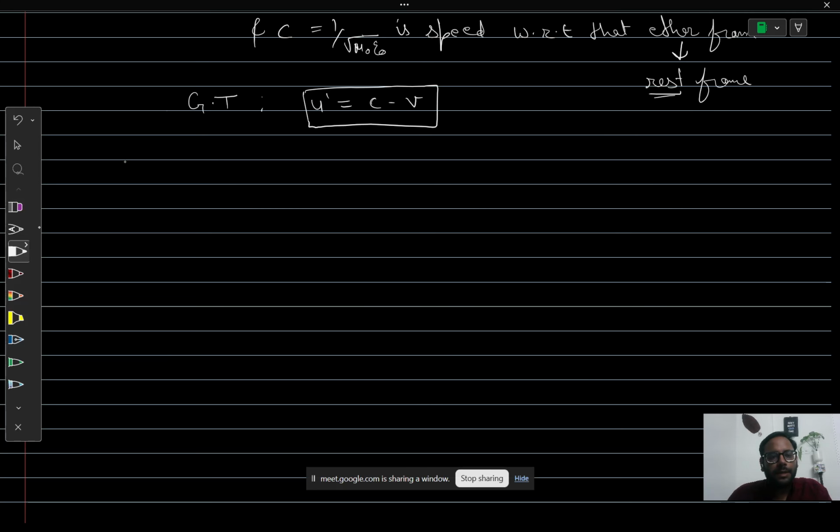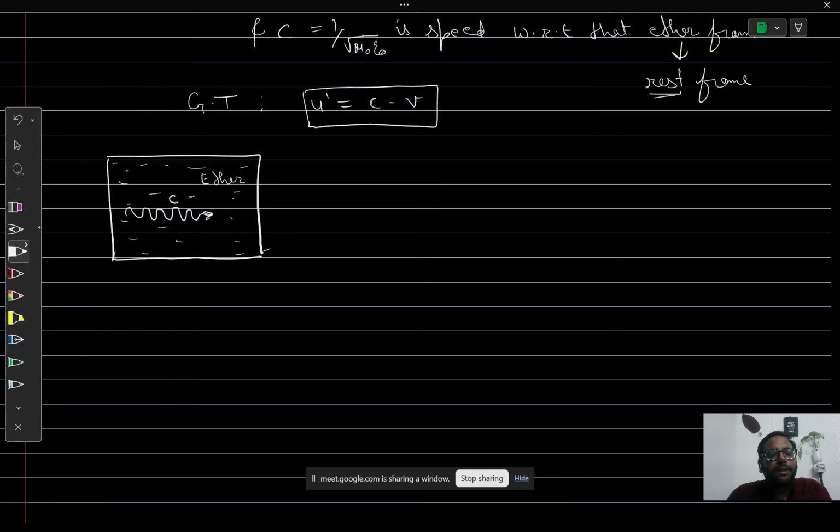This diagram is not of any experiment, just an intuition-based diagram. The space is filled with ether, and this is my light propagating with respect to this ether.